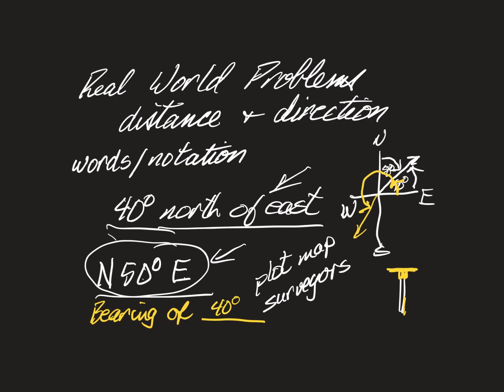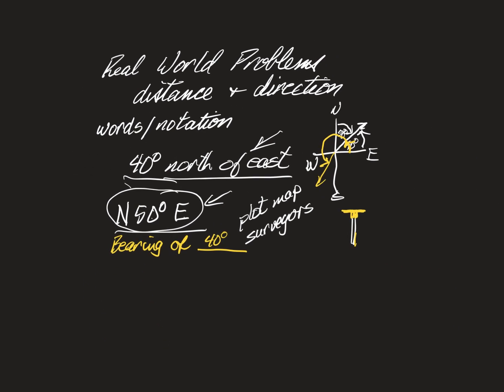Another thing you need to know about real world problems is rate times time equals distance. Or in vector language, rate times time equals magnitude. How long it is, how far you go.